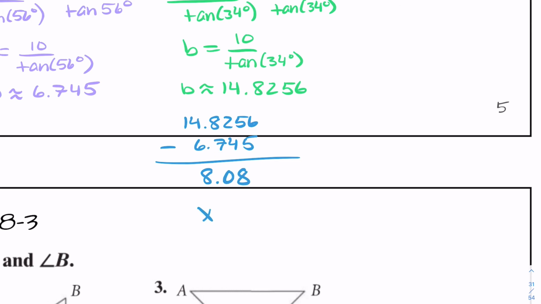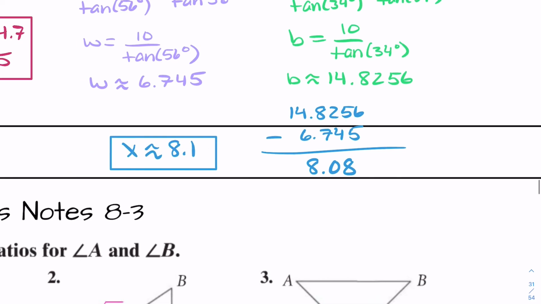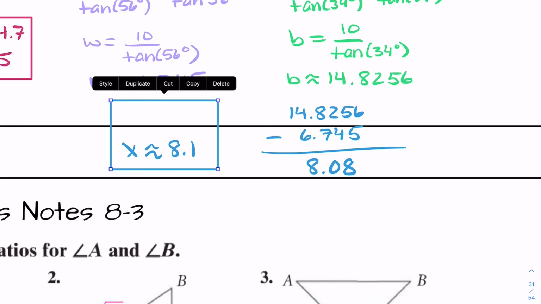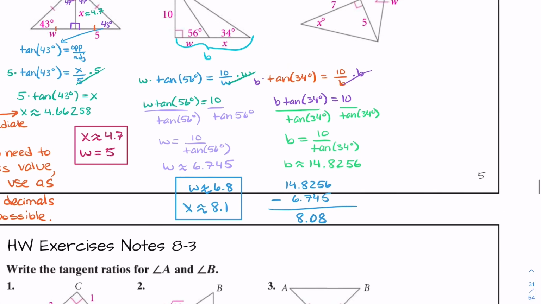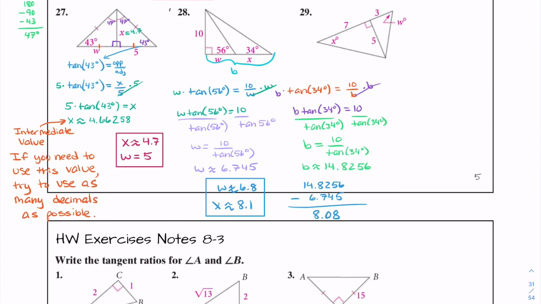So X is approximately 8.1, while W is approximately 6.8. But notice how I used that value. I used an intermediate value right there. All right, we are running out of room.